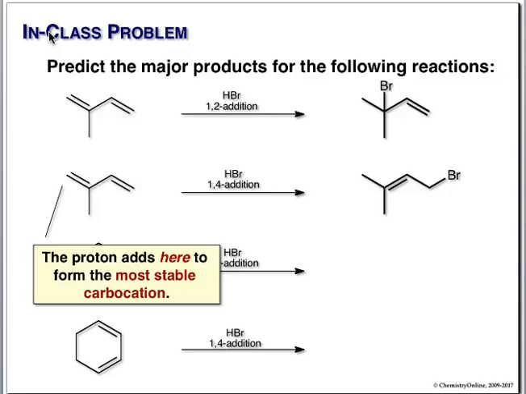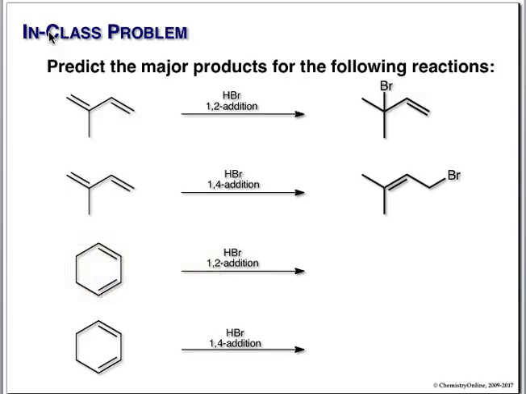Remember, the first step is always the same. You're going to add the proton to get the most stable carbocation. All right, 1,2 addition on cyclohexadiene.